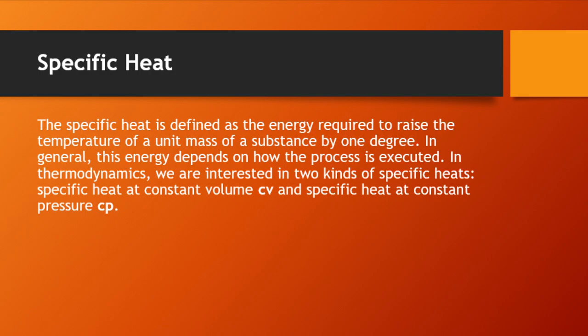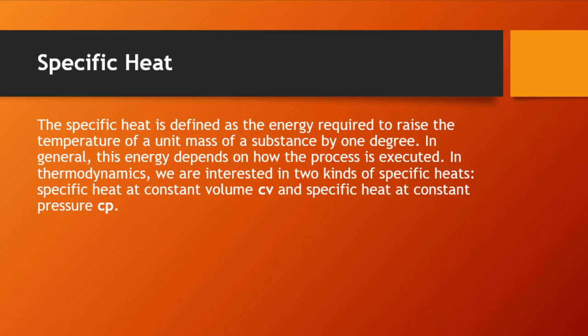So this specific heat means the ability of the material to resist the heat given by raising the temperature. And the heat capacity is defined as the ratio of the amount of energy transferred to a material to the change in temperature that is produced.